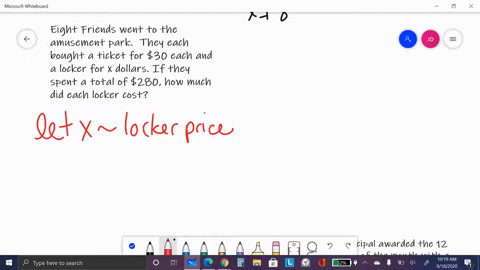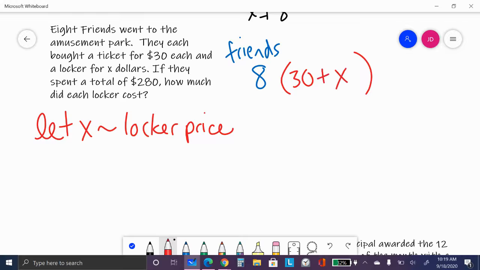We know 8 friends went to the amusement park, and they each bought a ticket for $30 and a locker for X dollars to equal a total of $280.